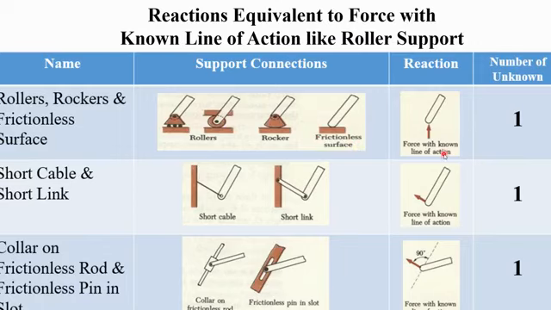All will have only one reaction towards vertical. Short cable also has a single direction of reaction, and so does short link. And collar on frictionless rod, this is the collar, and frictionless pin in the slot. This also has one reaction.